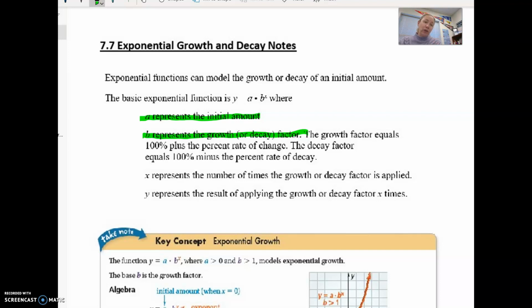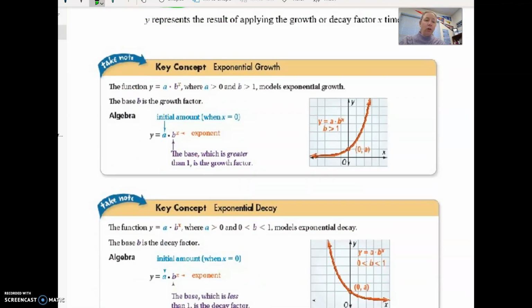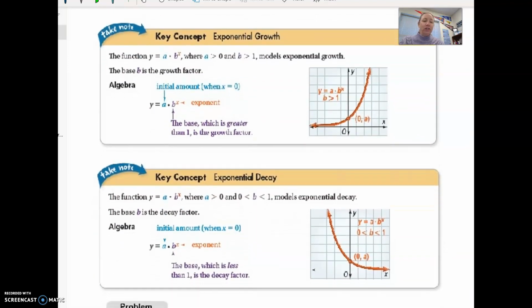So that's kind of the difference. X is going to represent the number of times that the growth or decay factor is applied, and Y, of course, represents your answer.